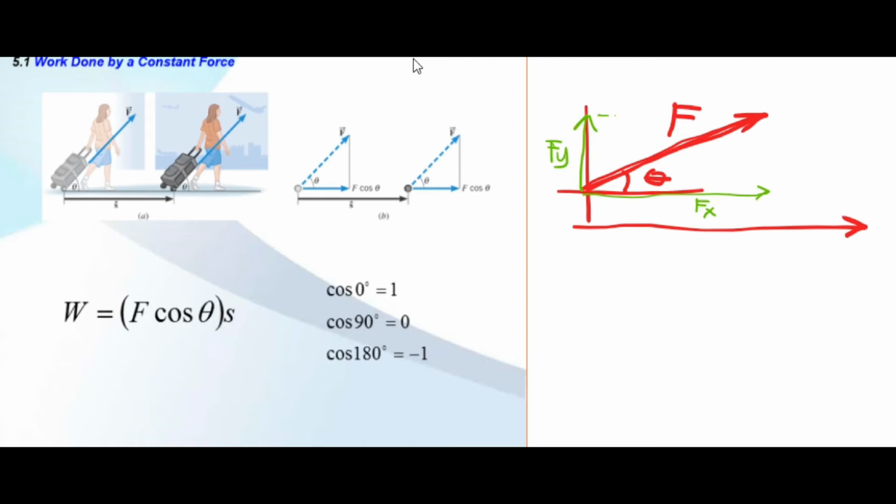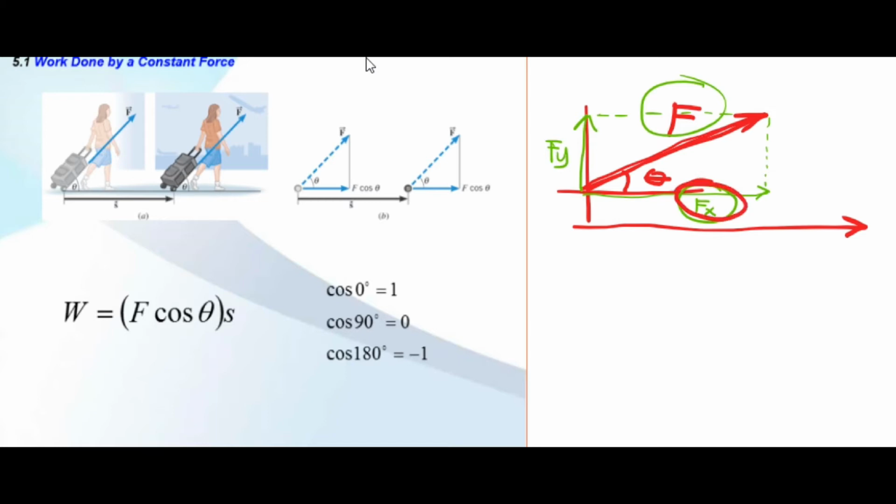So these are the components of force F. Now we only need to focus on force Fx, because Fx is the only force that causes the object to move in this direction, into horizontal motion.